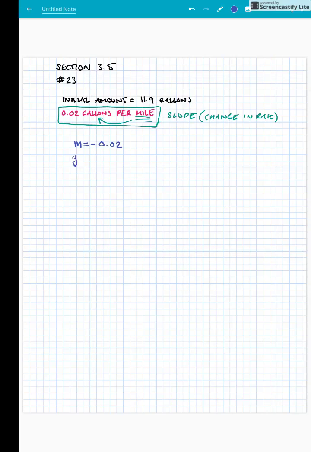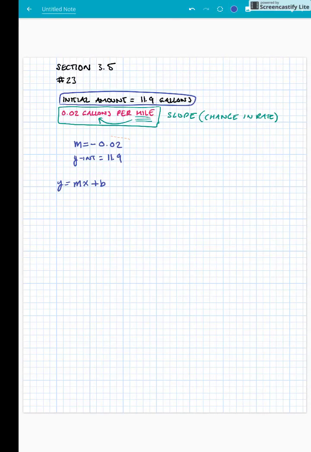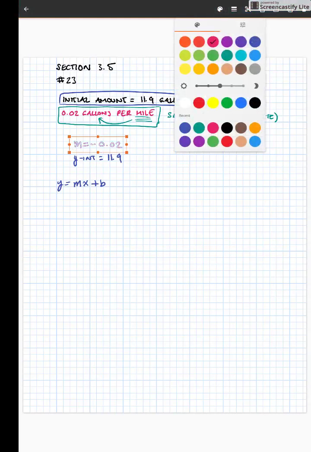Our y-intercept is the initial amount, which is the 11.9 gallons. So if we were to plug this into our equation, y equals mx plus b, this one here is our slope.